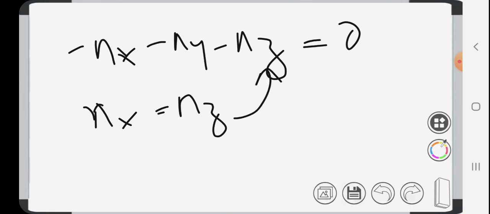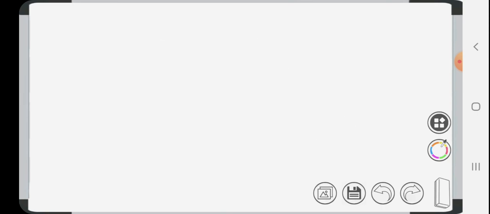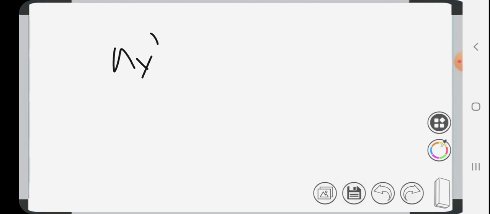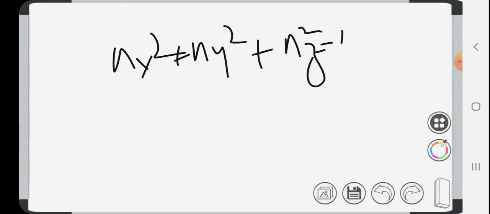So you substitute this here, and you will get nx minus ny minus nx again equal to 0. It gives minus 2nx equal to ny, or ny equal to minus 2nx equal to minus 2nz, since nx and nz are the same. But nx square plus ny square plus nz square equal to 1, right?